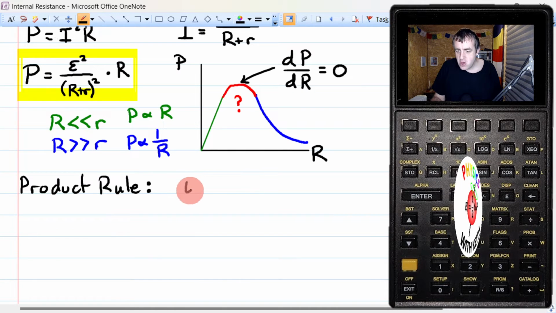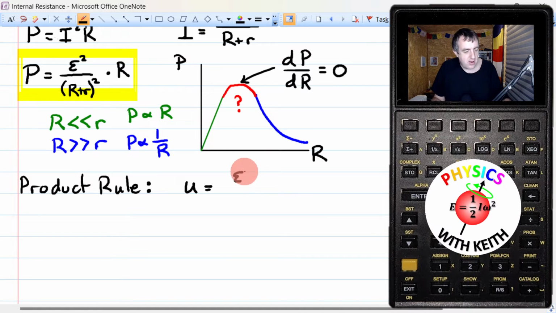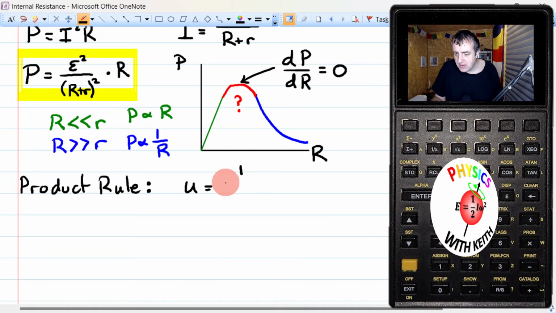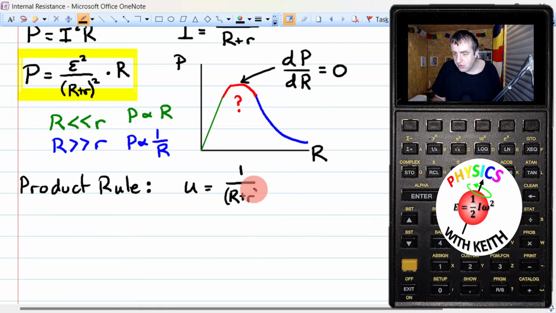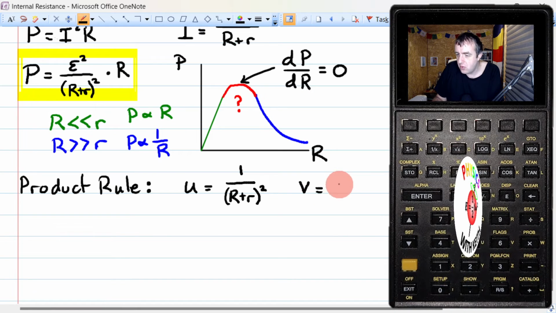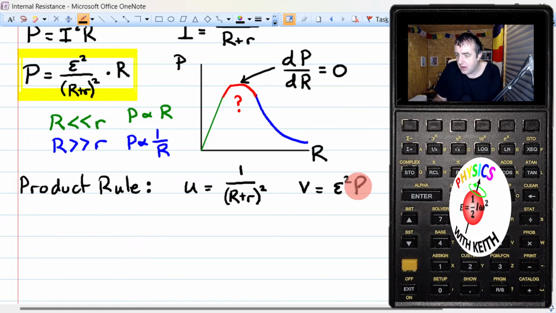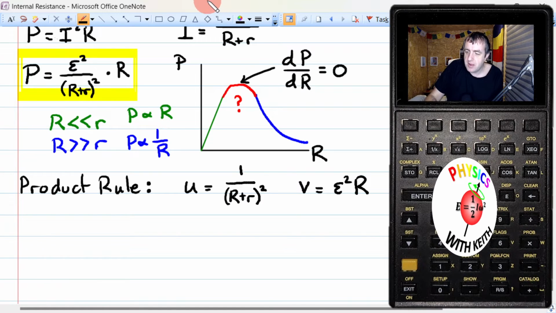let's say U is equal to epsilon. Take the epsilon over to the other bit. U is equal to 1 over (R plus little r) all squared. And let's say V is equal to epsilon squared R. Thinking on the fly slightly, but yeah, stick with it.